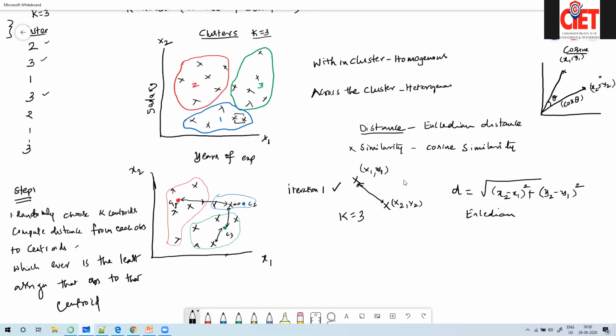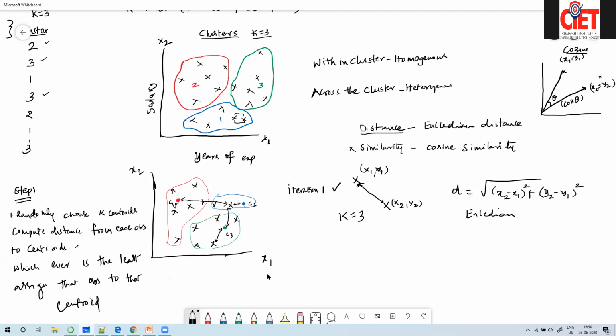Now, our clusters don't really look good. This centroid is absolutely far from the rest of the observations. You have only 2 observations in this, and they don't have a good shape.